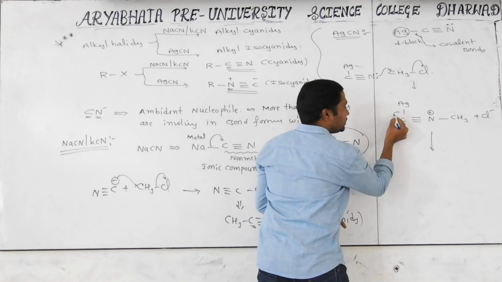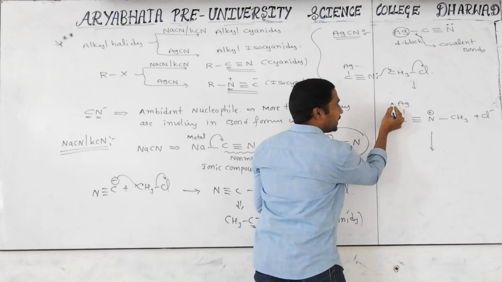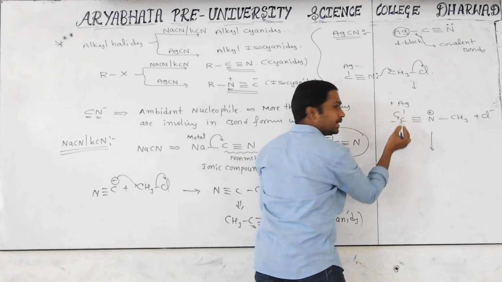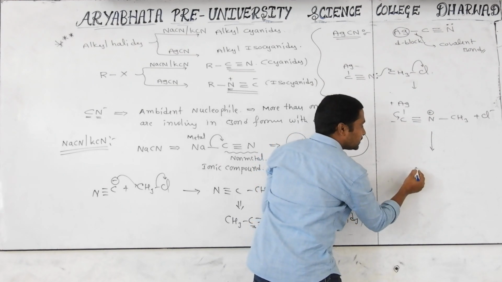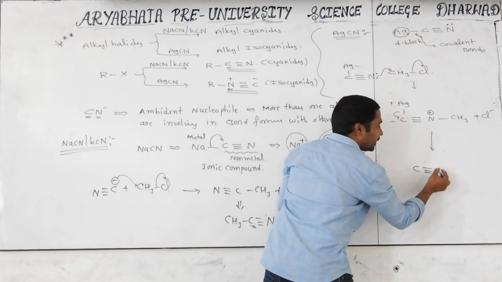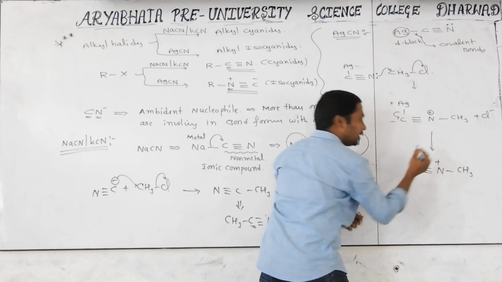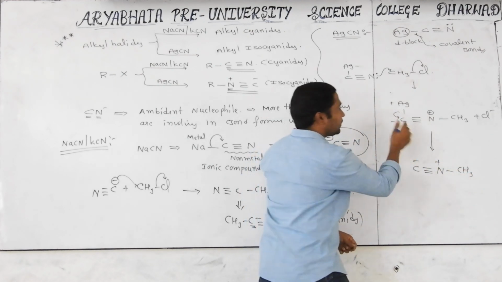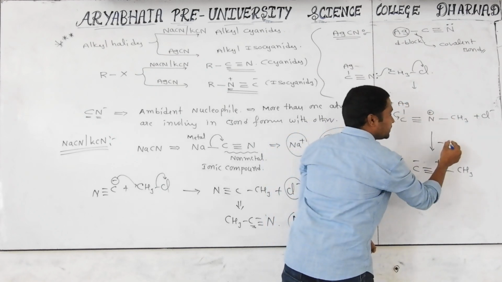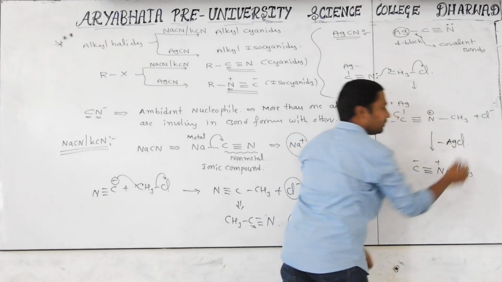That's why this electron is shifting towards the carbon atom. Then we are getting plus here, minus here. What is coming? C triple bond N, and we are getting CH3, with plus charge here and minus charge here. After that, Ag plus and Cl minus become AgCl.